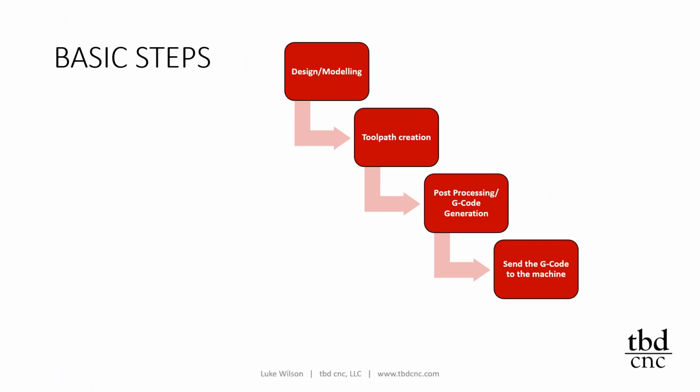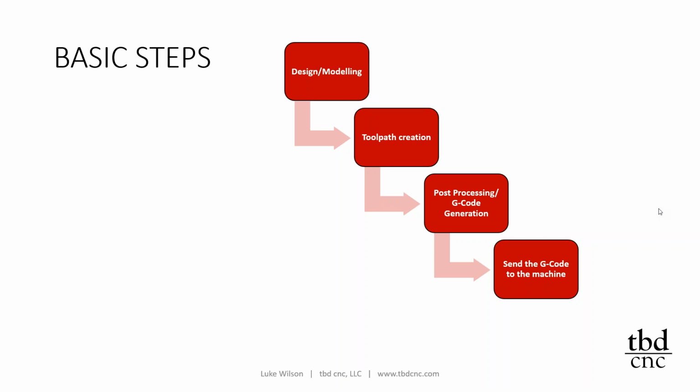There's been some confusion around the basic workflow, especially with people that are brand new to this. No matter what software you're using, and whether you realize it or not, this is what's happening. You start with design and modeling. Somewhere you're either going to get a design or do the design yourself.